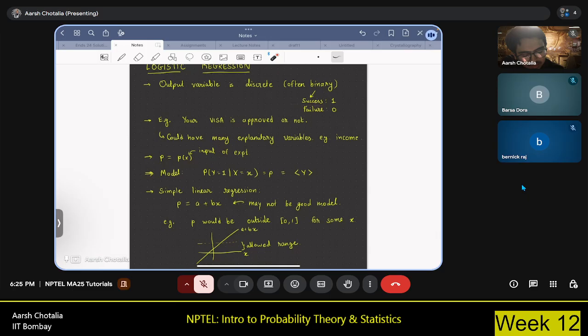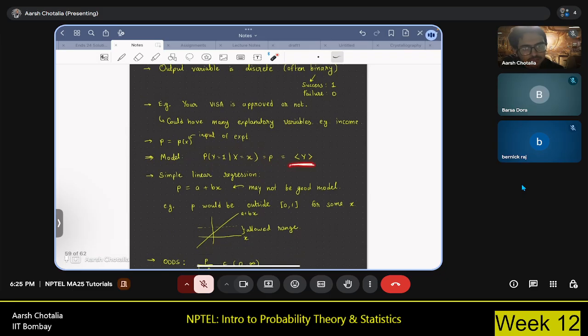So the model would be that the probability of y equal to 1, given that x is some value x, is a function of x, is some p. All right. And that would also be the expected value of y because y is a Bernoulli random variable. So its expectation is p.